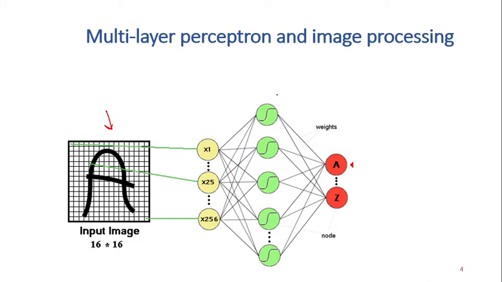Now suppose we have one hidden layer that will be connected to all the input nodes, right? And then finally we have an output layer which has the total number of outputs with respect to A to Z, so that we are able to classify a particular character in the image.